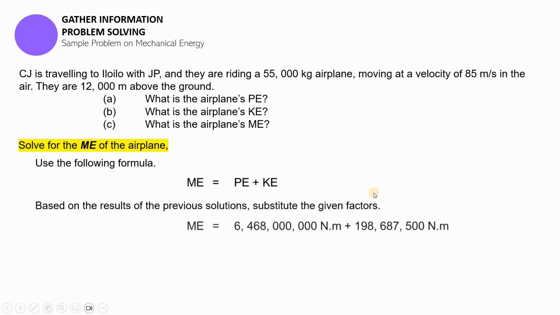Okay, does it look like this? You're basically gonna add them up and you're gonna get 6,666,687,500 Newton meters. And that is the total mechanical energy of the airplane.